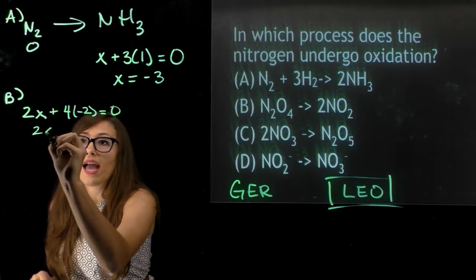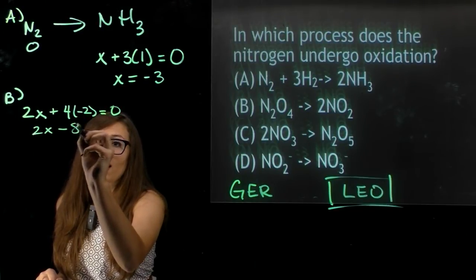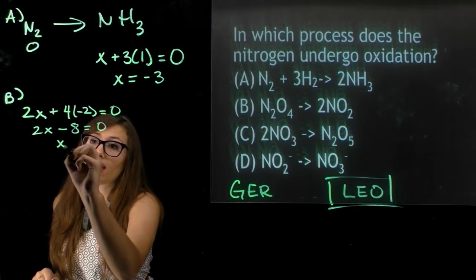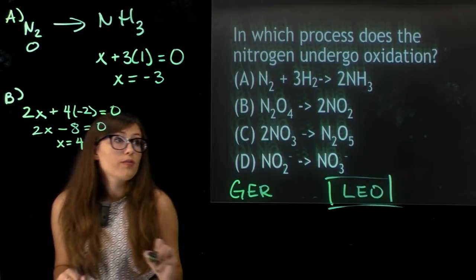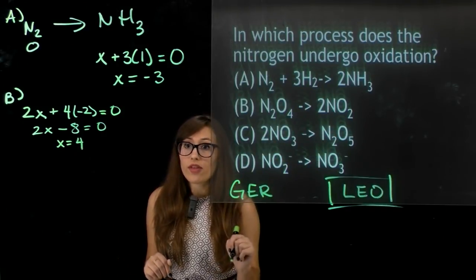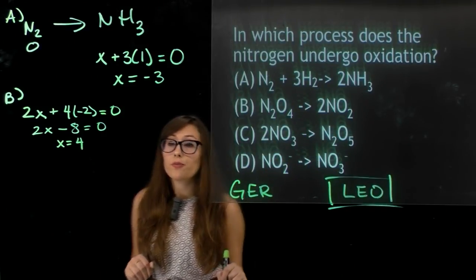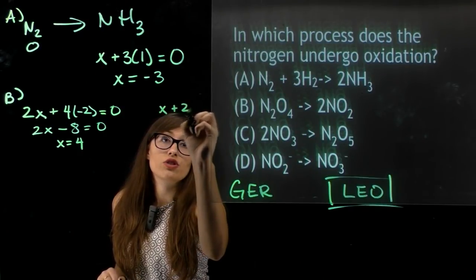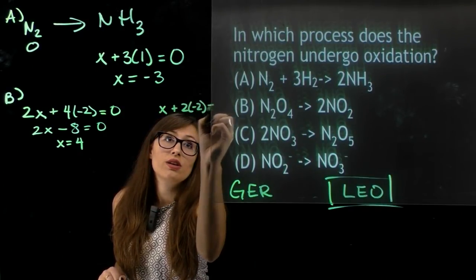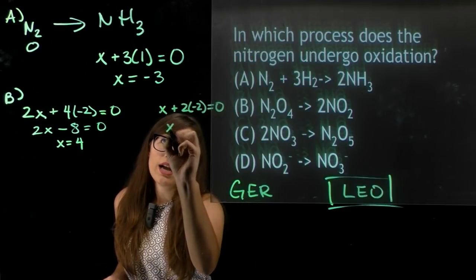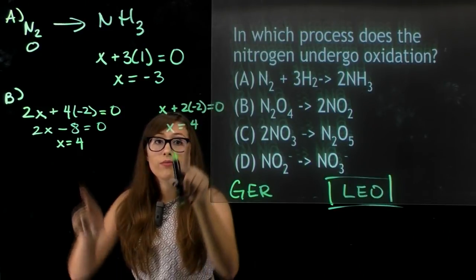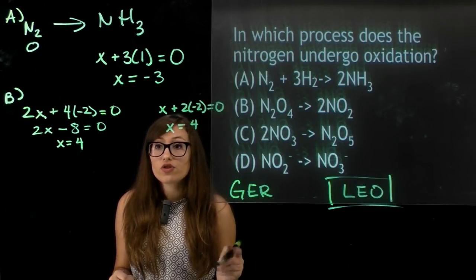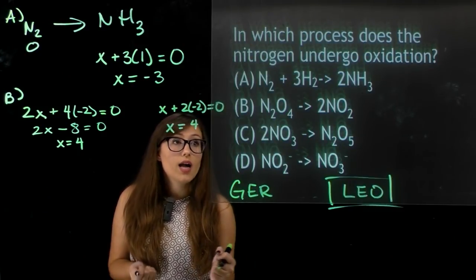So 2x minus 8 is equal to 0, and so x ends up equaling 4. Let's do the same thing for the NO2. So in this case, it would be x plus 2 times -2 is equal to 0, and x will be equal to 4. We have no change in the oxidation state of nitrogen, so this is also not undergoing oxidation.